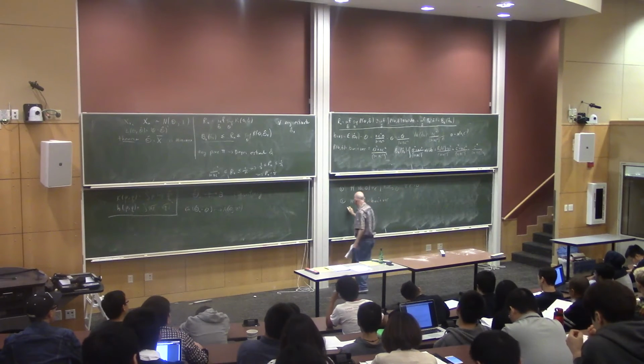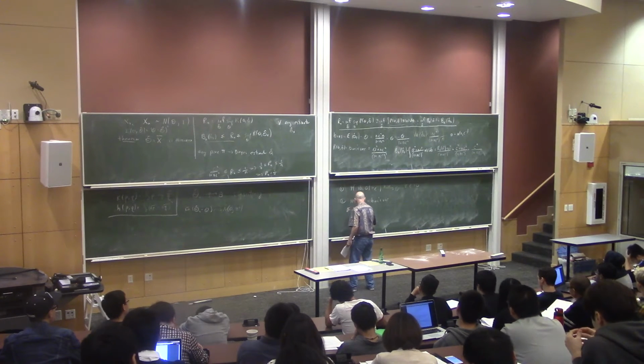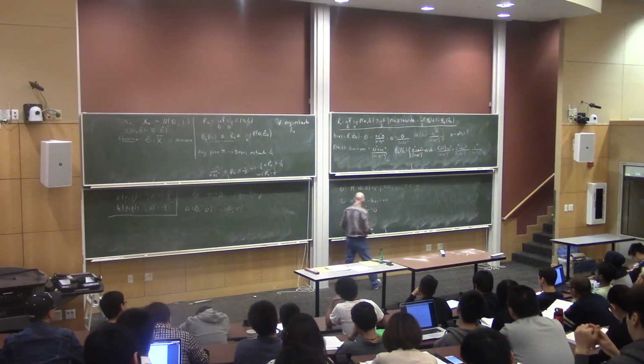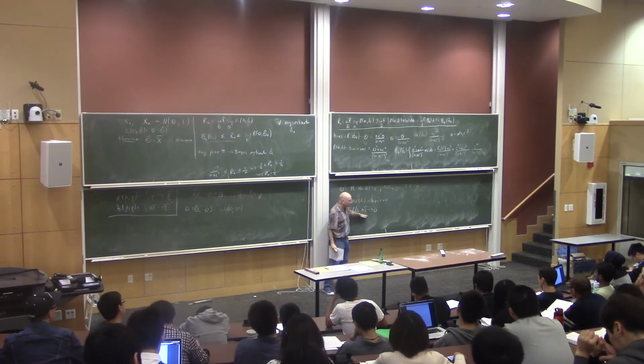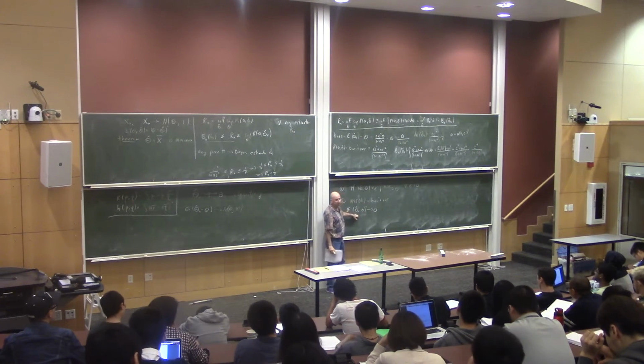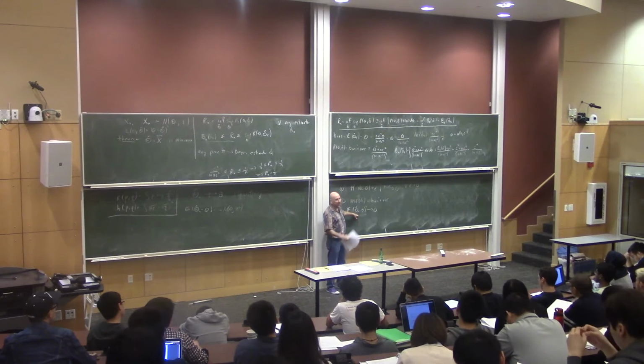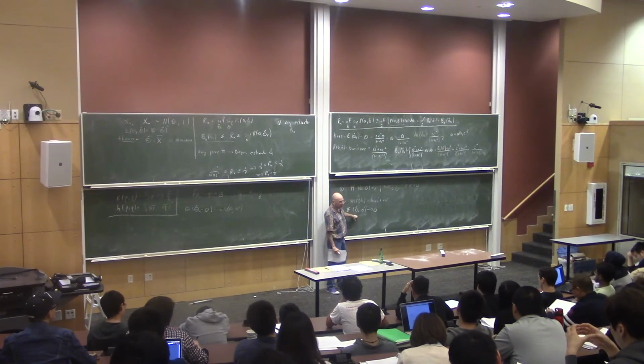Remember when we talked about convergence in quadratic mean, we were talking about a quantity like this going to 0. That's how we define convergence in quadratic mean. But now we see this is nothing other than the mean squared error of the estimator. So convergence in quadratic mean, in the language of estimators, is just saying that the mean squared error goes to 0.